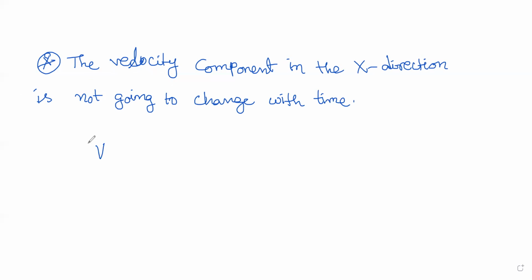Once again, the velocity vector at any time t is given by u cos theta times i cap plus u sine theta minus gt.